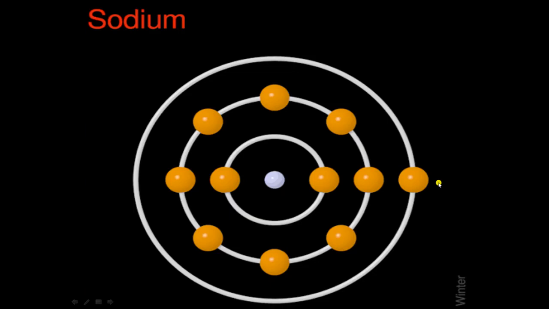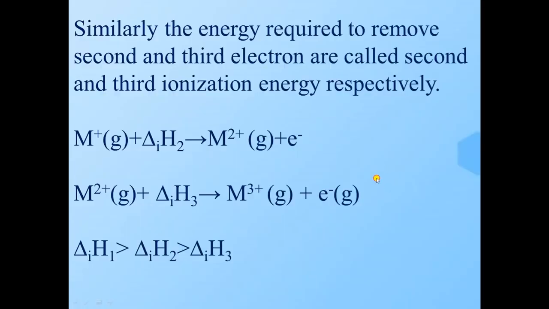So here we will say the amount of energy which is required to remove the first electron, which is present in the outermost shell, is the first ionization enthalpy. And if we want to remove a second electron, now we have to move to the electrons present in the second shell. So the amount of energy required to remove the second electron will be the second ionization enthalpy.